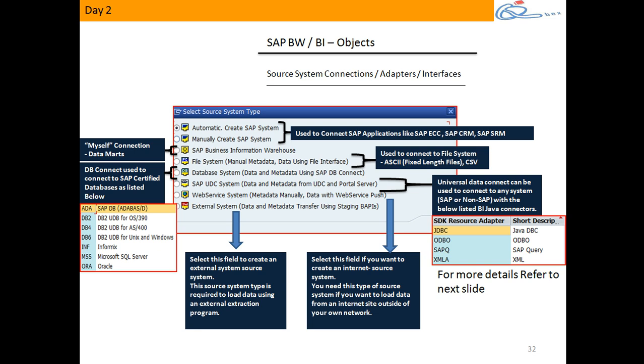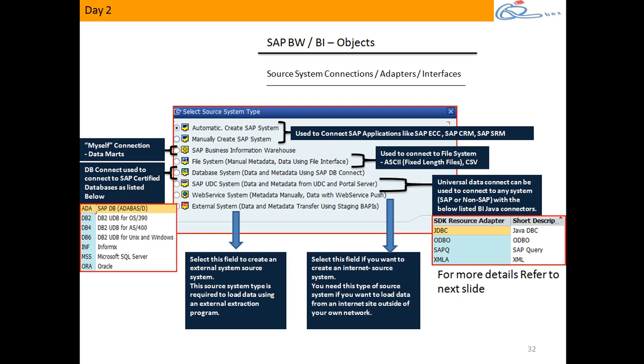Okay. And next, file system, which we use to extract data from flat files. It could be a fixed length file, a .csv file, or Excel files. Before 7.3 or 7.4, we cannot extract from XLS files, only CSV. But now we are flexible of extracting from XLS also, in the latest version.